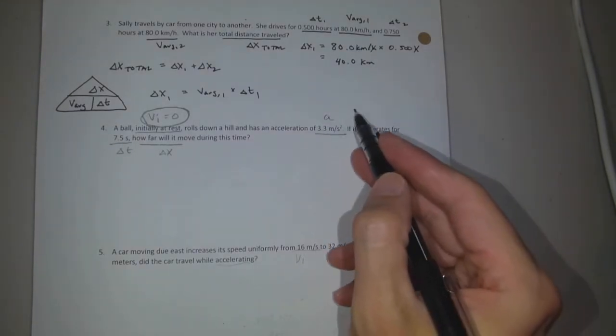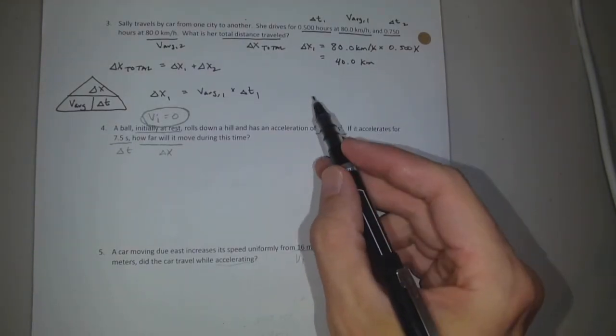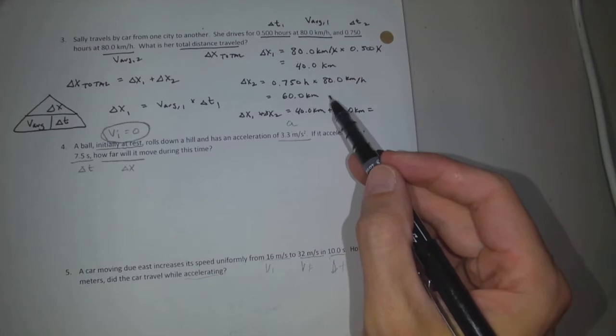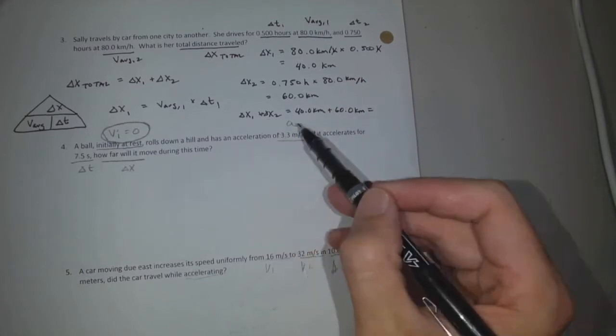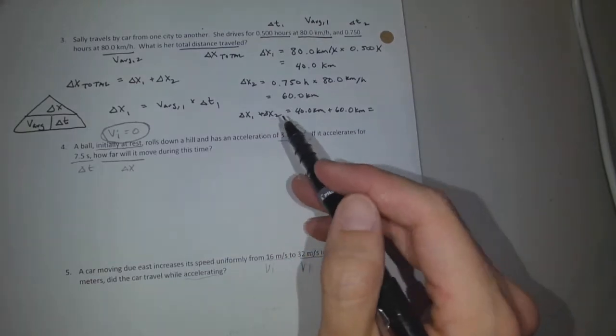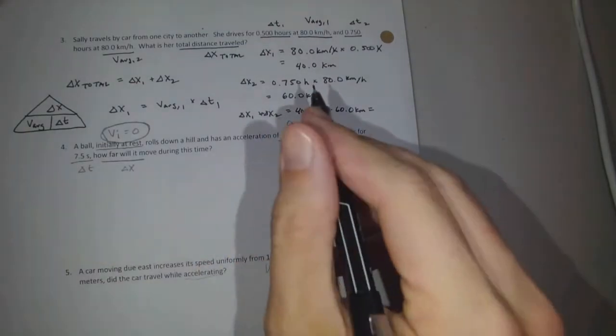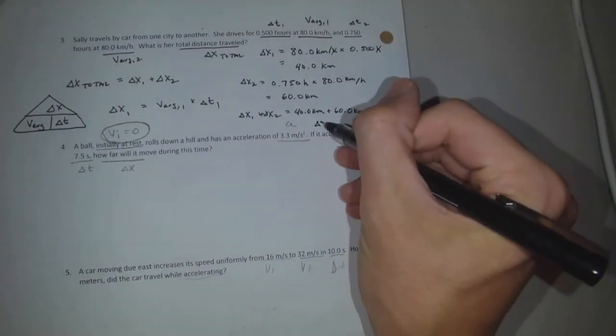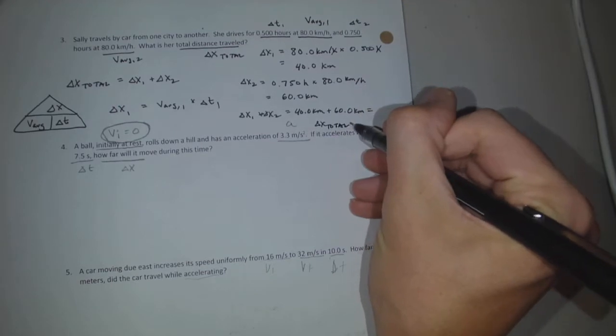Okay. At this point, I'll do the work for the second one and then add them together and write the answer down here while the video is paused. Okay, I calculated how far she went in the second bit. Her total distance is going to be the amount that she went in the first bit plus the second bit. And to be a little bit more clear here, maybe I'll write down here that this equals delta x total, because I'm now solving the whole problem.